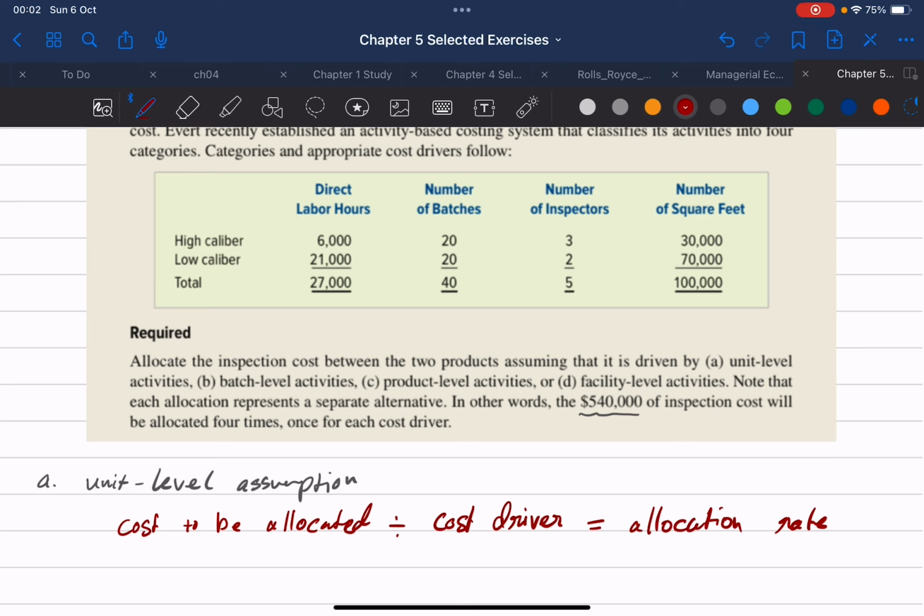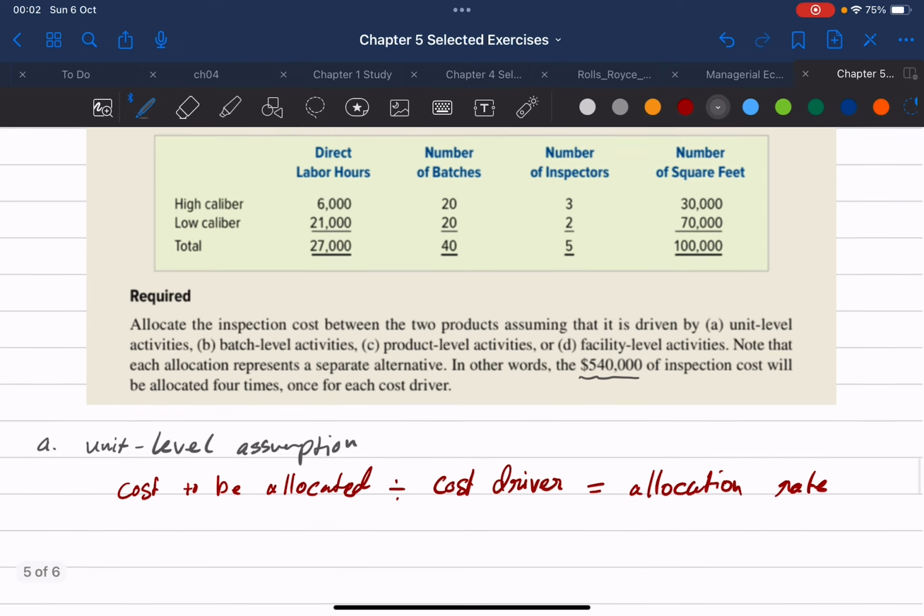So let's run the numbers. The cost to be allocated, as we said, is $540,000 divided by 27,000 hours.